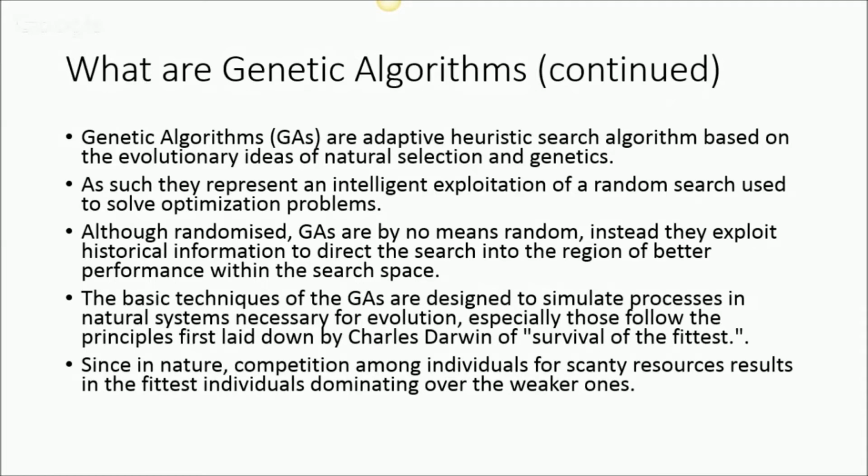Instead, they exploit historical information to direct the search into the region of better performance within the search space. The basic techniques of genetic algorithms are designed to simulate the processes in natural systems necessary for evolution, especially those that follow the principles first laid down by Charles Darwin.